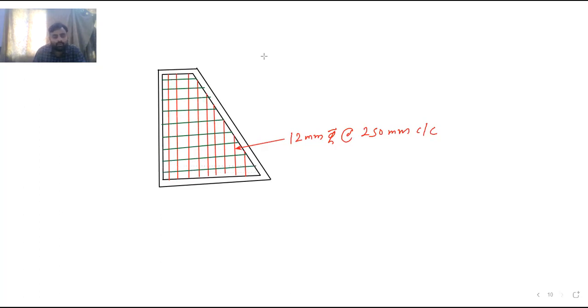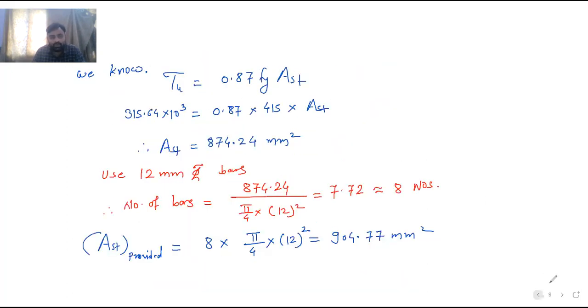So here it is, 12 mm bar. What is the horizontal ties spacing?